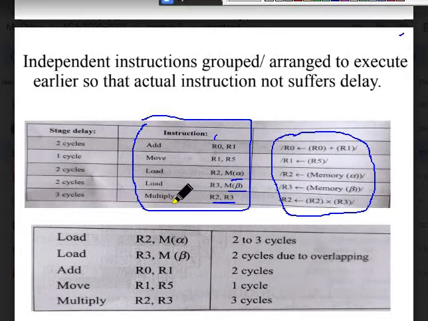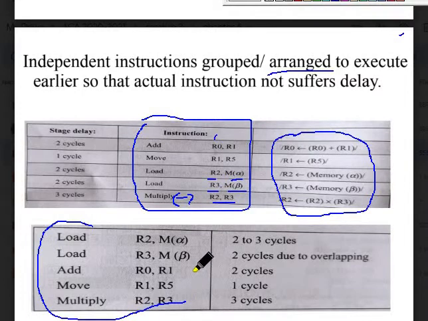Now see, the concentration is on the multiplication. We can start multiplication only when the R3 load is successful and also the R2 load is successful. Then only can we continue the multiplication. So let's go for a rearrangement.